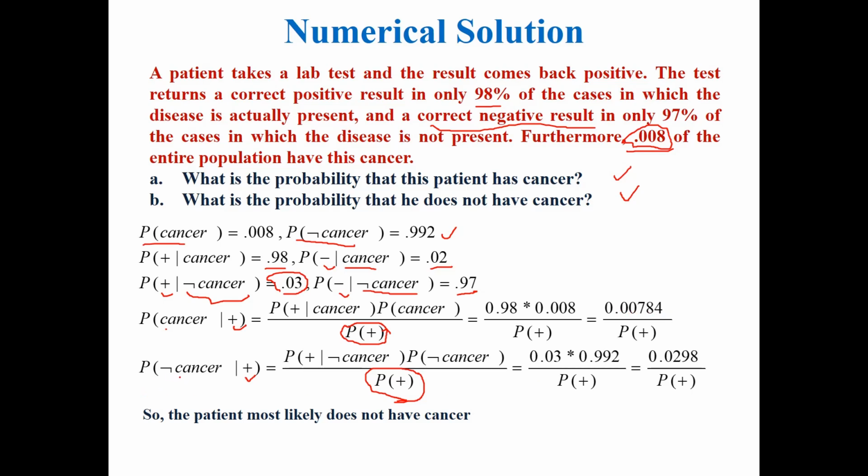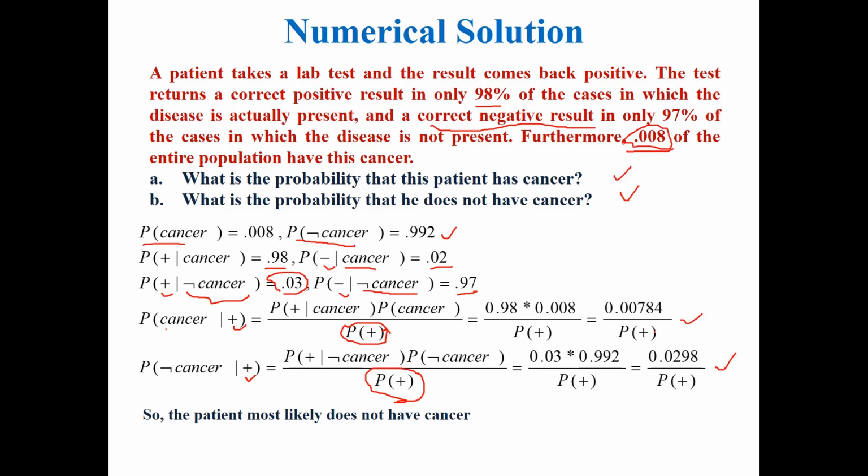Now the probability of not cancer given that it is a positive result will be equal to the probability of a positive result given that it is not a cancer, which is 0.03, multiplied by the probability of not cancer, 0.992, divided by this unknown parameter, the probability of having the positive result. So that is equal to 0.0298 divided by the probability of a positive result.